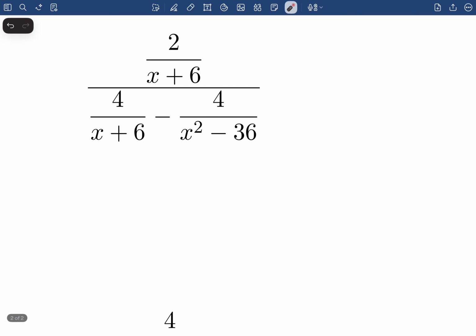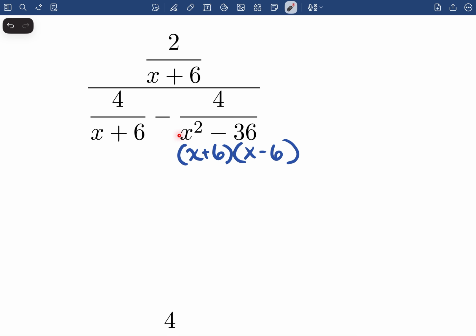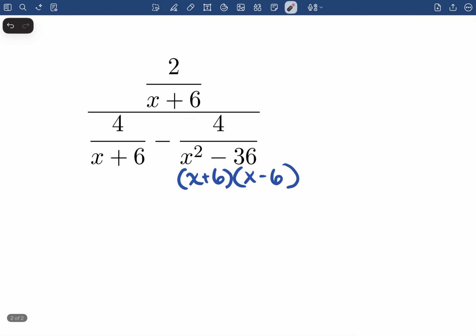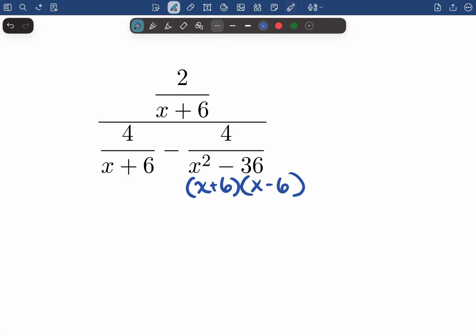what is their LCD? And it may become a lot clearer once you notice the difference of squares. This x squared minus 36 is x plus 6 times x minus 6. So you have to factor the difference of squares. And then you notice, well, all of the denominators have an x plus 6, but they don't all have an x minus 6. Okay, so what I have to do is multiply the top and bottom of these rational expressions with the LCD.